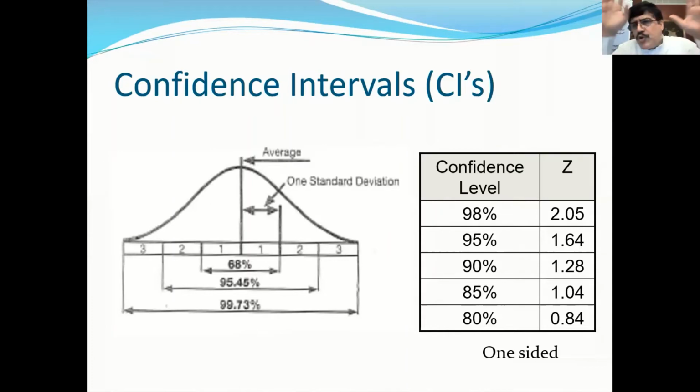You can't go to all of them, so you take a sample of 100 random people. You take their average and you say the average is, let's say, 20 years.